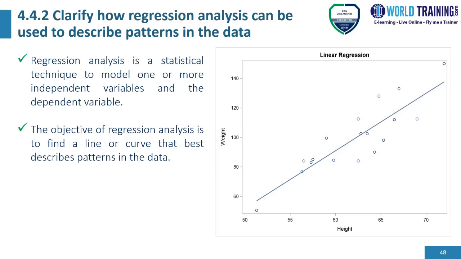The technique relates your input variable, which is your independent variable, to the output variable, which is your dependent variable. So your input variable is always your independent variable, and your output variable is your dependent variable.